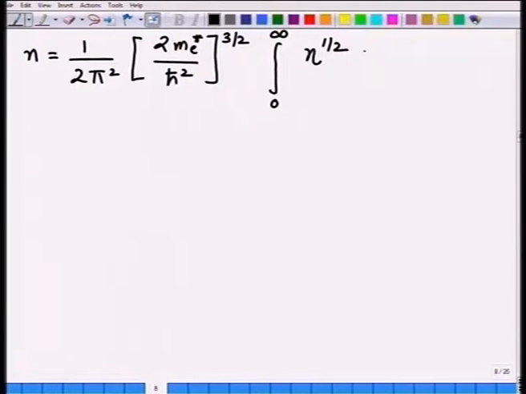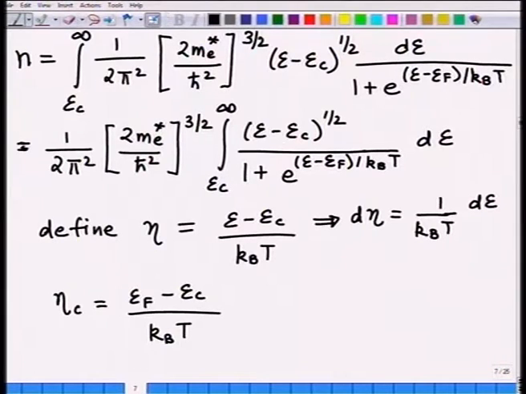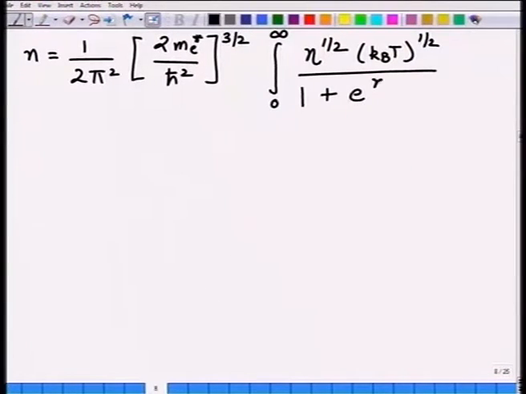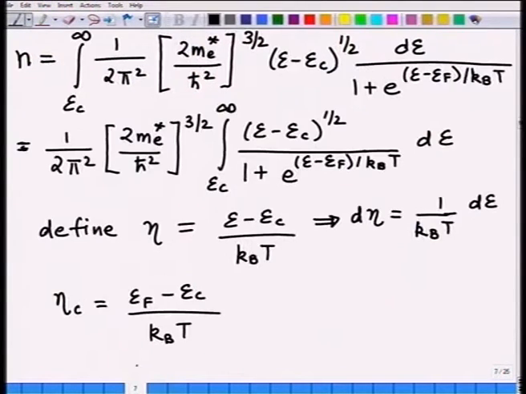So, I should also write k_BT to the power half divided by 1 plus e to the power (E minus E_f) by k_BT, which we write as e to the power (eta minus eta_c), and then we will see what happens.